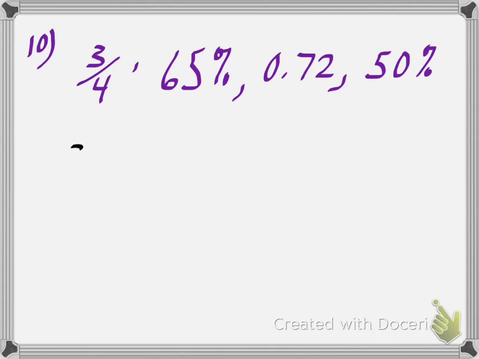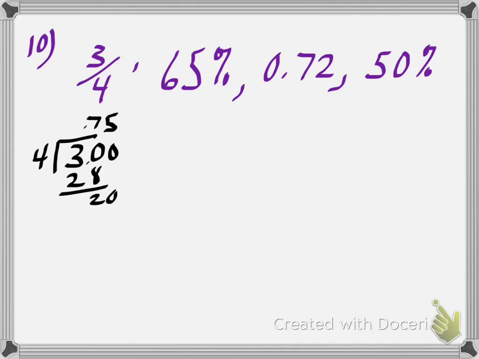So once again, 3 divided by 4: 4 goes into 30 seven times, which is 28, and it gives us a remainder of 2, so 20, and then it goes in there 5. So 20 exactly.